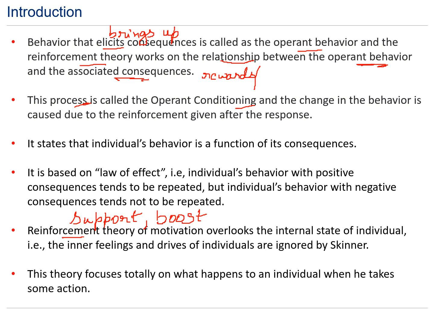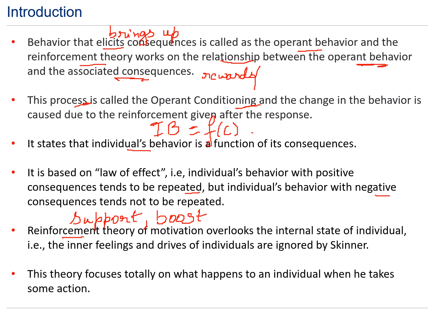So an employee works hard and achieves the target and he gets some recognition. This process is called operant conditioning. So in this, what happens is that positive consequences tend to be repeated, and negative consequences will tend not to be repeated. Therefore, it can be said that an individual's behavior is nothing but a function of consequences.